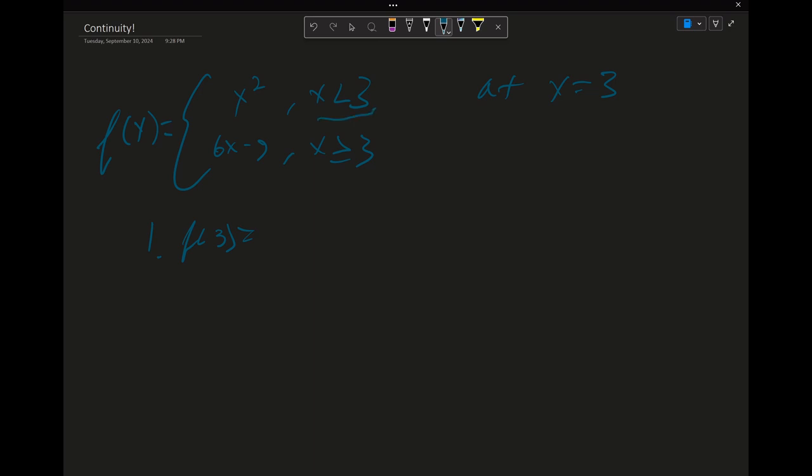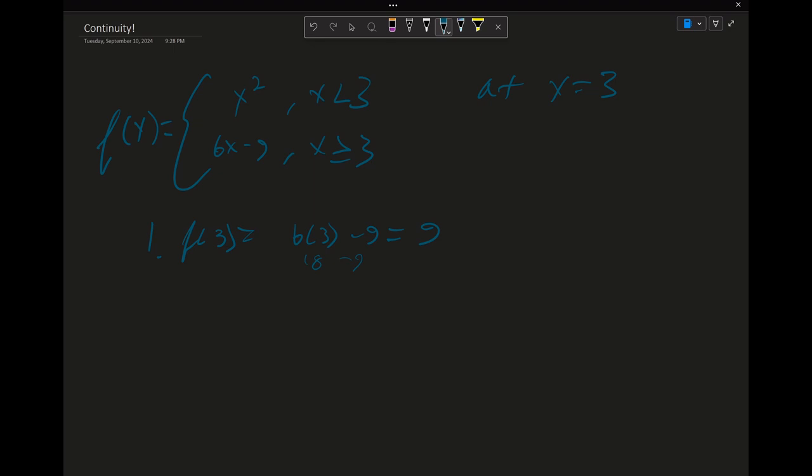No, because since it does not have the equals to sign underneath, the 3 is not included within the x squared part of the function. So we use this bottom part here of 6x minus 9. So we do 6 multiplied by 3 minus 9, which equals 9, because this is 18 minus 9.